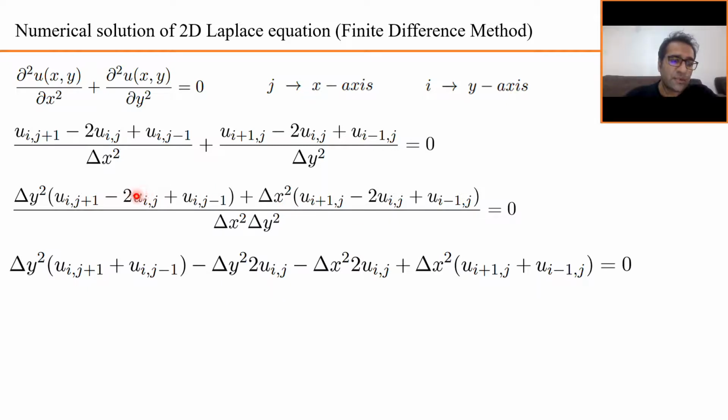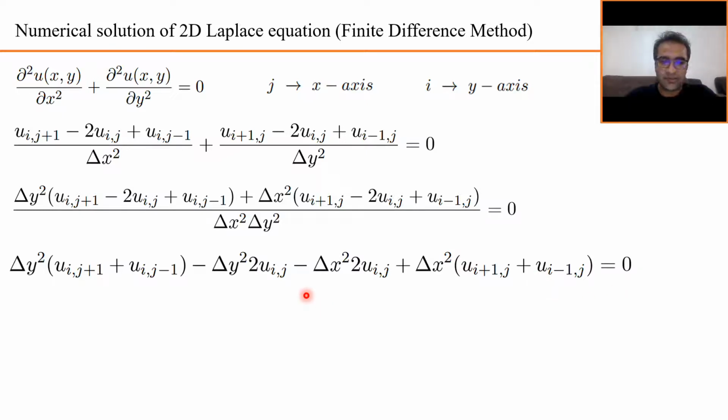And if I factor out the 2u_ij here and 2u_ij here, what I have is minus 2u_ij multiplied by delta y square, and here I have minus 2u_ij multiplied by delta x square, and I have the same terms here, delta y square multiplied by u_i,j+1 plus u_i,j-1, and here I have delta x square multiplied by u_i+1,j plus u_i-1,j equal to 0.